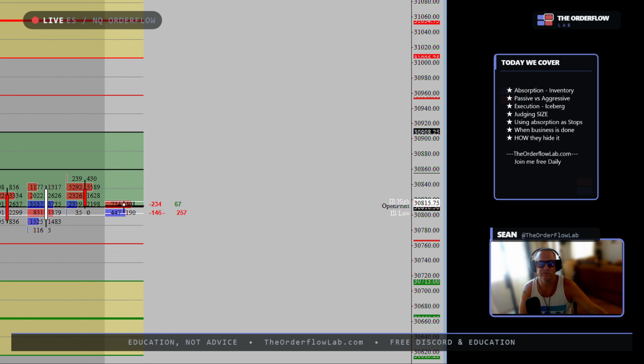So what we'll see here on the NQ, we'll probably see sellers step up and buyers step up, and they'll absorb 7,000 contracts, 6,000 contracts within like a 10-point range. And you'll see these large sellers just show up. Now, they're not in the order book with like 8,000 contracts. So this is how they hide this type of size.